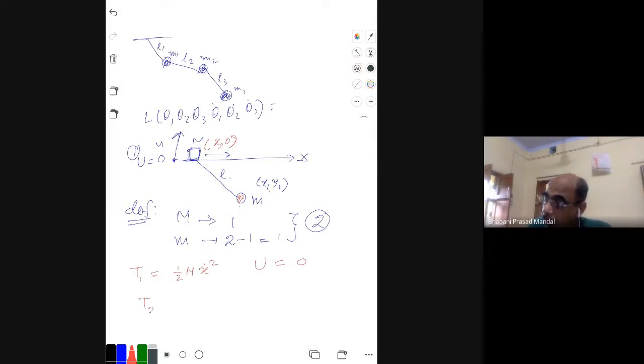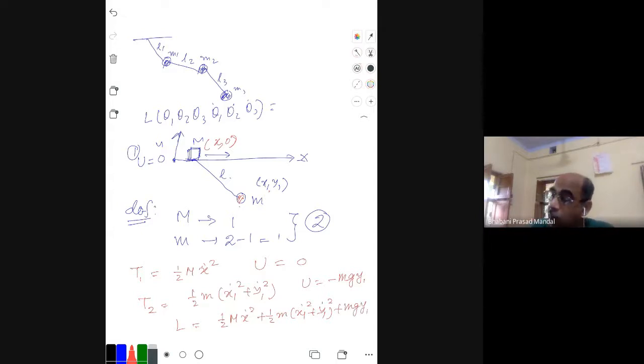For the second particle, the pendulum, the kinetic energy is half m times x1 dot square plus y1 dot square, and U will be minus m g y1. So your Lagrangian in this form will be half M x dot square plus half small m times x1 dot square plus y1 dot square plus m g y1.